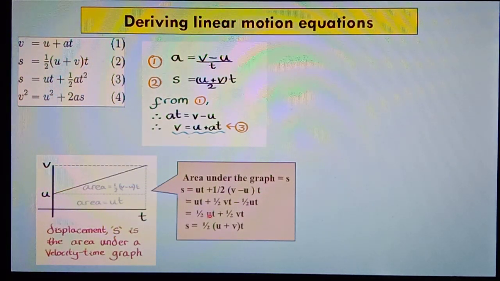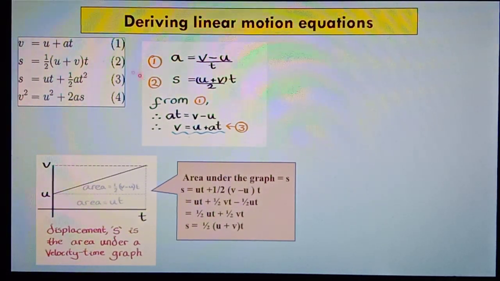Then you just simplify this total area, and you get s equals half times (u plus v) times t. This produces the second linear motion equation. You can try it yourself first until you get the equation.